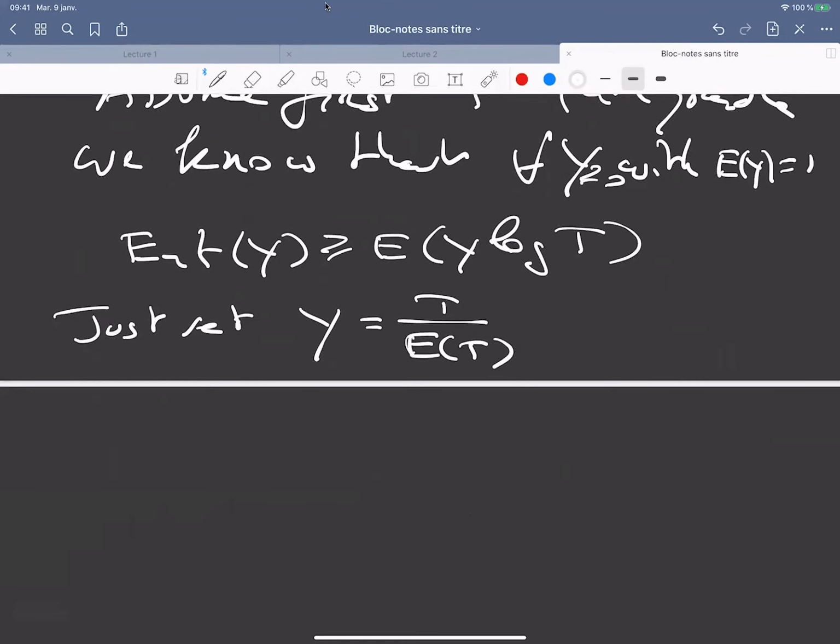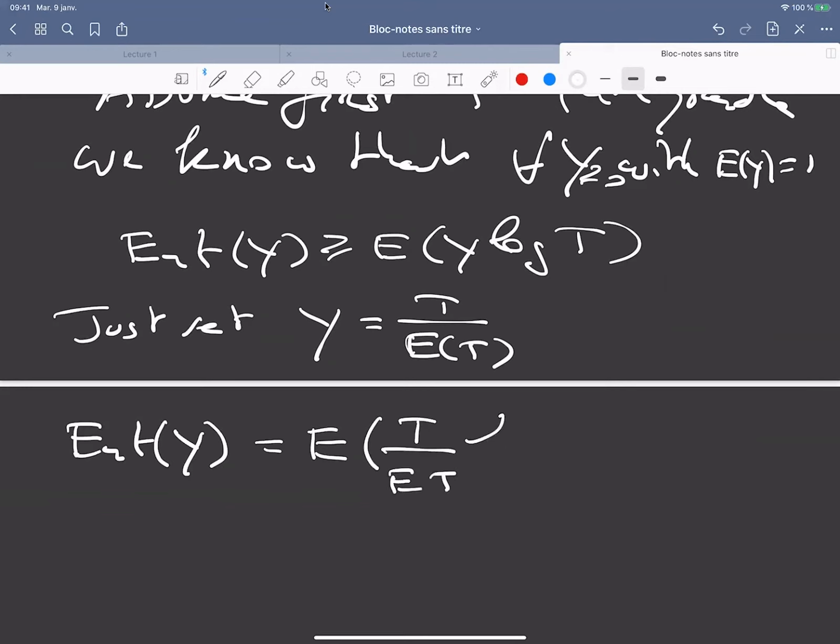If you do that, then the entropy of y is merely the expectation of t over expectation of t times the log of t over expectation of t, minus 0 because this guy has expectation equal to 1.